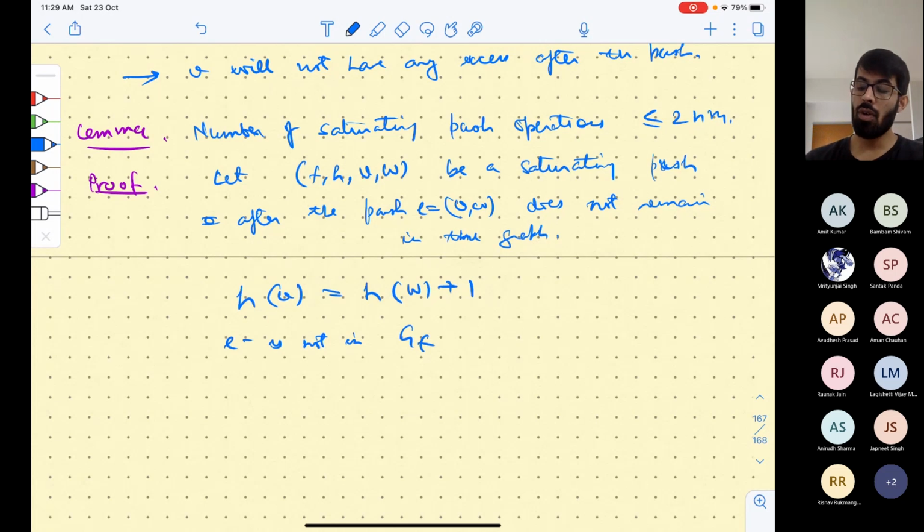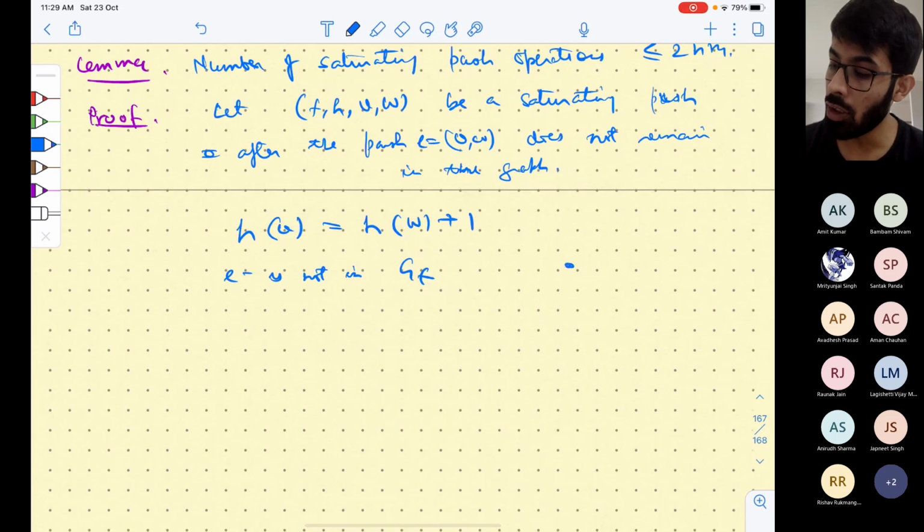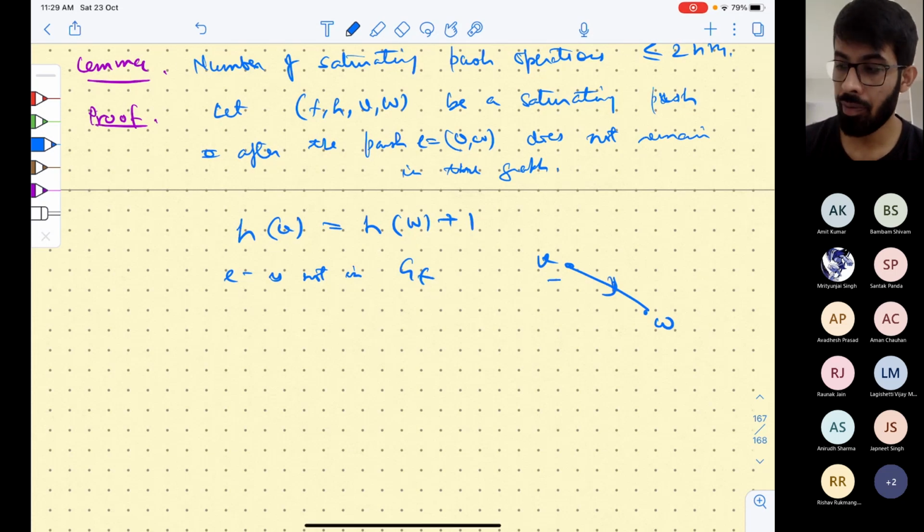Good. So now the question is that how can you push on E again? If E is an edge in GF, then what has to happen now for us to push on E again? So this is the edge E in GF, let's say. And this is V, this is W, right? V does not have any excess now. And this is a saturating push.